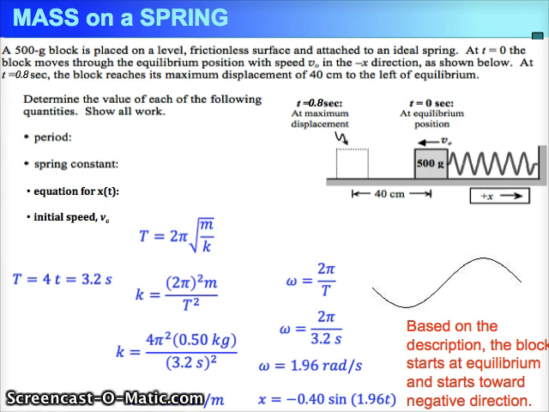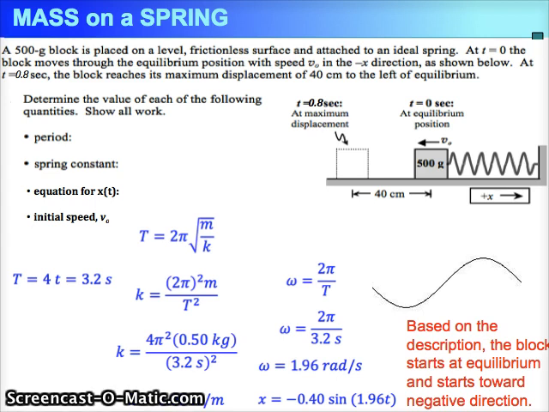To find omega, I would use the period that I found earlier and calculate omega that way. So our final equation that represents this motion is x equals negative 0.4 meters times the sine of 1.96 t.